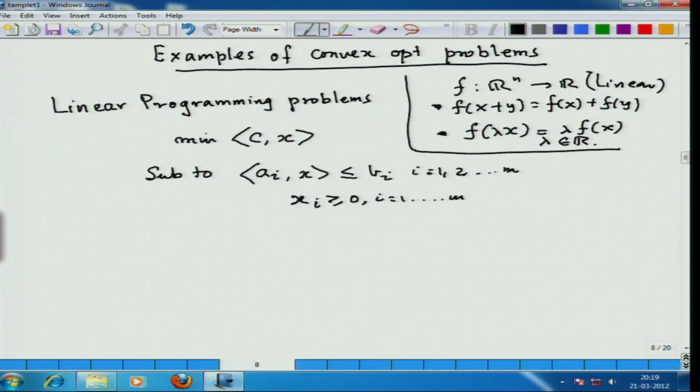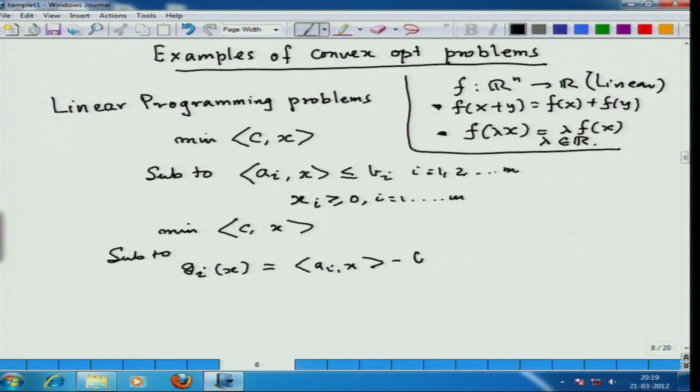Now, of course, this is a convex optimization problem, because I can pose this as follows.